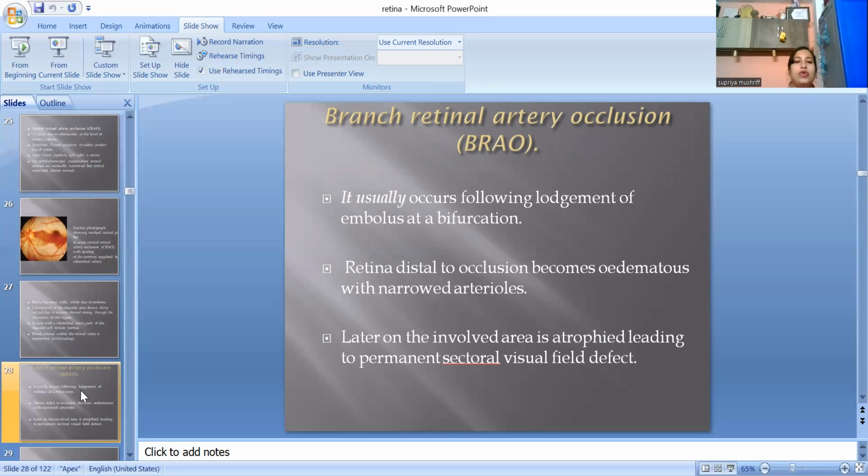Here, the visual defect will not be gross as in CRAO, because the central retinal artery is the main supplying artery of the whole retina, hence it will lead to gross visual acuity diminution. But in branch retinal artery occlusion, there will be a visual defect, but it is a particular sectoral defect, and it will not be as gross as in CRAO.